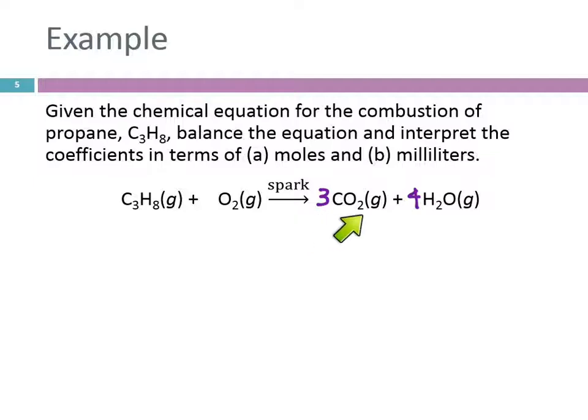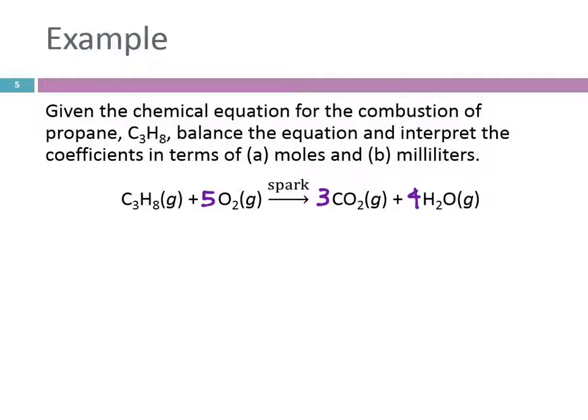So here I've got 2 times 3, which is 6 oxygens in that one, and 4 oxygens over here. 6 plus 4 is 10. And so over here I need a 5 in front of the oxygen. So, brief review of balancing chemical equations.